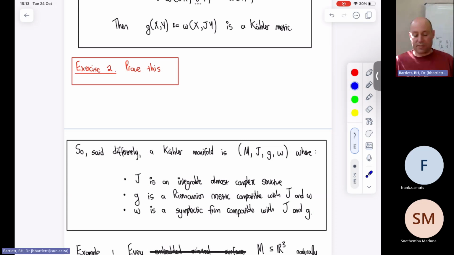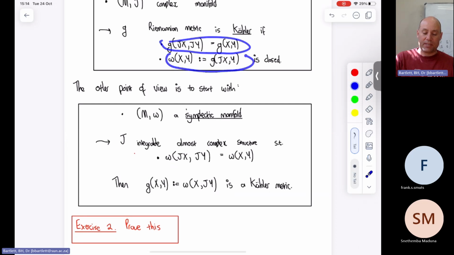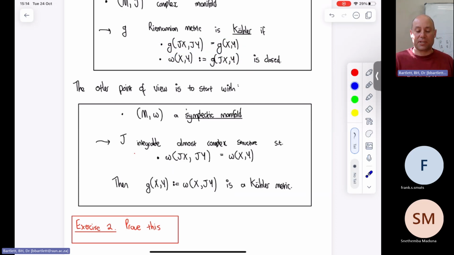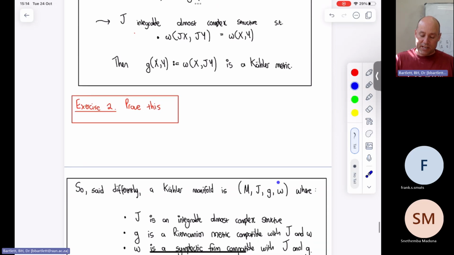I want it to be an integrable almost complex structure, so that M is actually a complex manifold and not just an almost complex manifold. Then I want G to be compatible with J and omega, right? To be compatible with J is this requirement here. To be compatible with omega is this requirement here. And since you're satisfying this requirement, then automatically you know that the fundamental form is closed, because omega has to be a symplectic form.